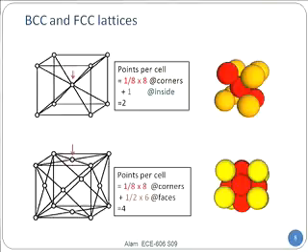But remember now, each face atom is being shared by 2. 1 in the bottom, 1 in the top, 1 in the left, 1 in the right. So it's being shared by 2. So each atom is being cut by half in the middle. And so you have half multiplied by 6 faces. And so from the faces you get 3, from the corners you get 1. So you have 4 points per cell.